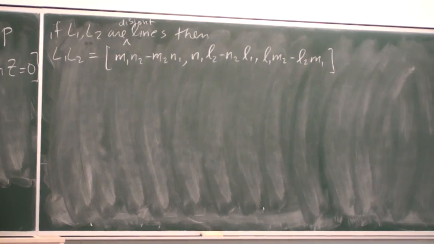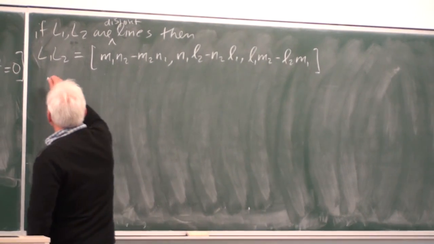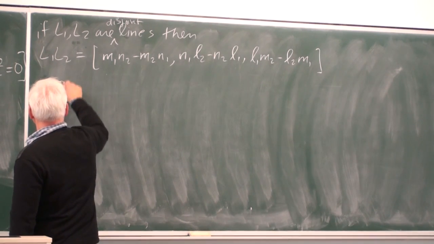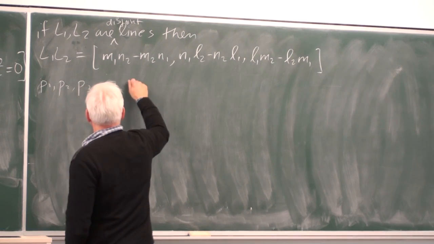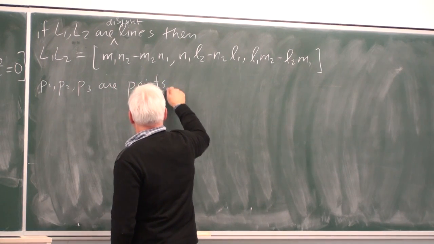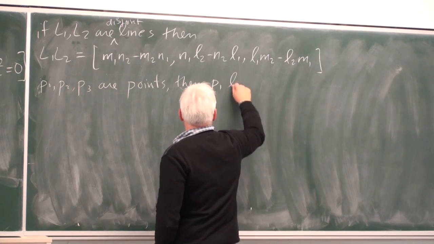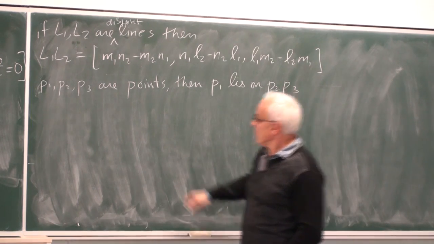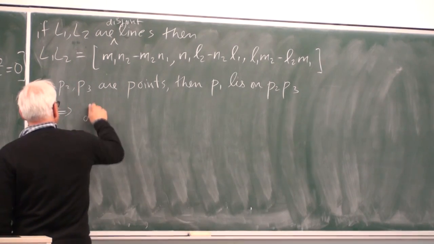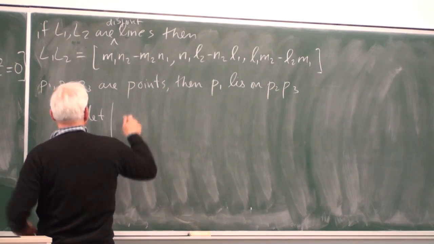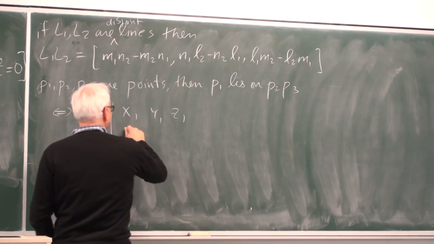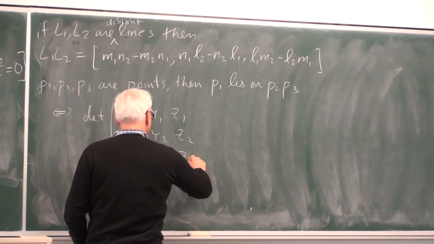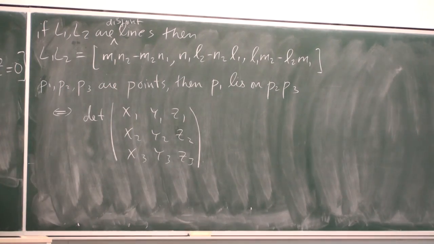We can now introduce the idea of collinearity. So then we can compute that, say, if P1, P2, and P3 are points, then P1 lies on P2 P3 precisely when the determinant with rows x1, y1, z1, then x2, y2, z2, and x3, y3, z3 is 0.